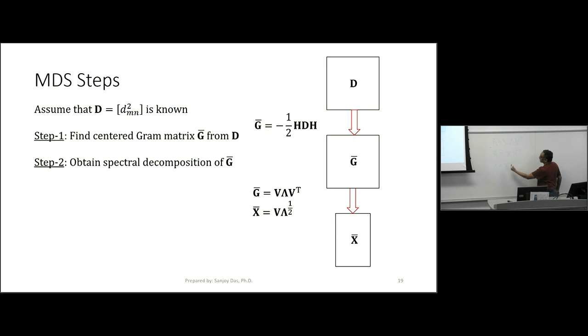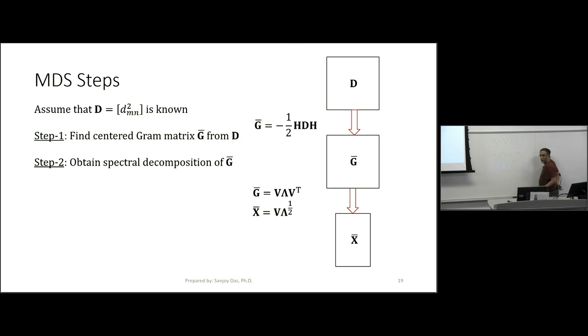So from here, if I replace this here, what do I get? X bar X bar transpose is equal to G bar, which is equal to V square root of lambda, and then what's the transpose of this?